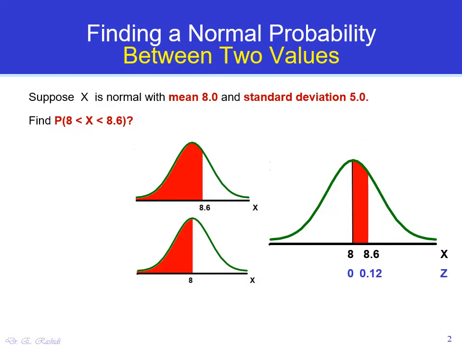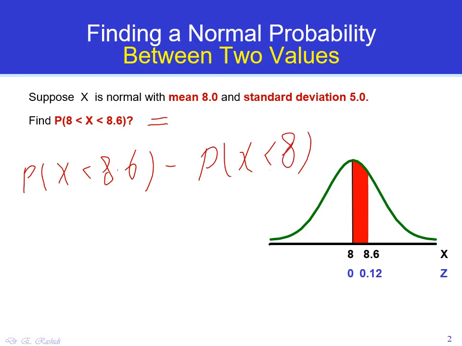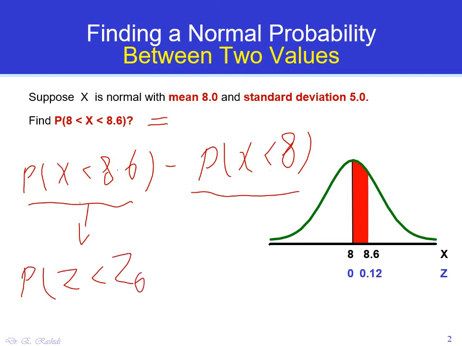Okay, so let's do that. The probability that x is between 8 and 8.6 is equal to the probability that x is less than 8.6 minus the probability that x is less than 8. We find these separately. We convert this to the z distribution, so that is the probability that z is less than the z value of 8.6 minus the probability that z is less than the z value of 8.